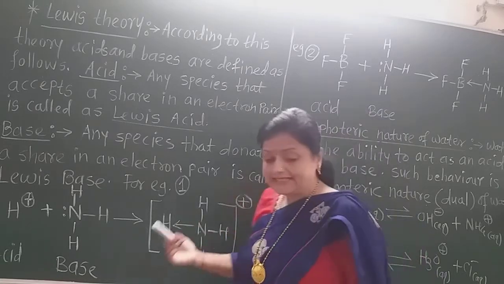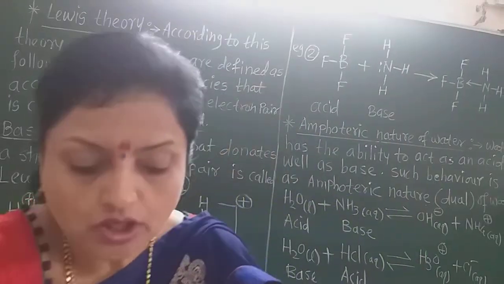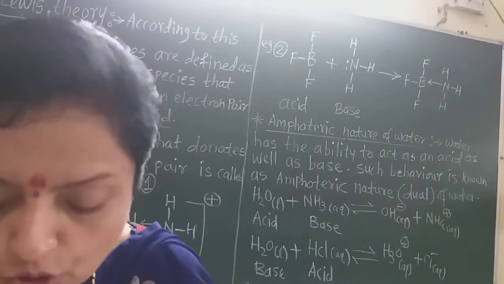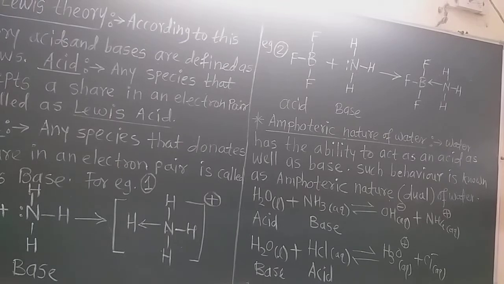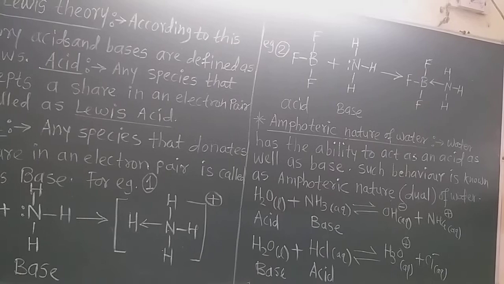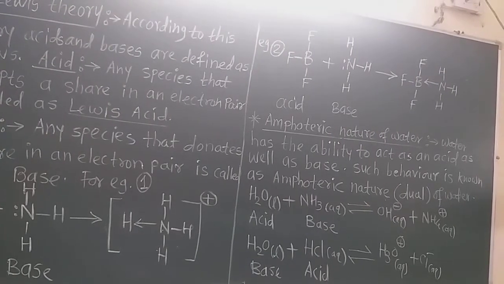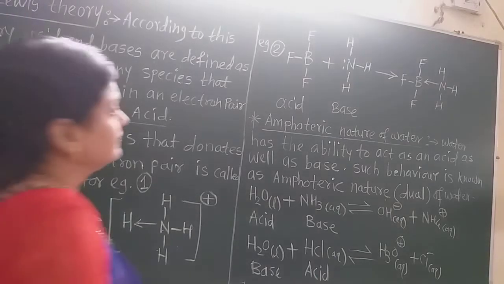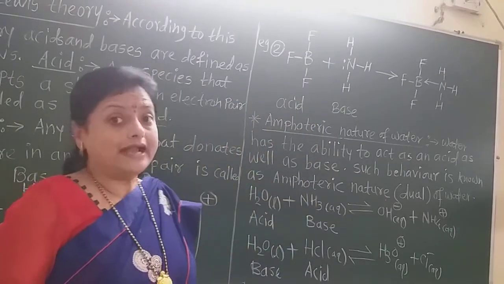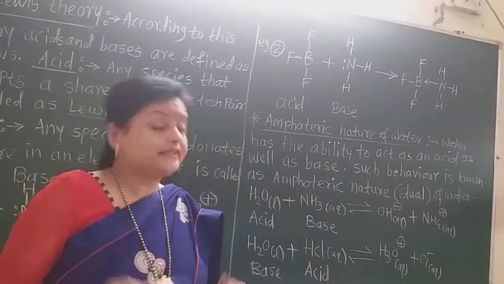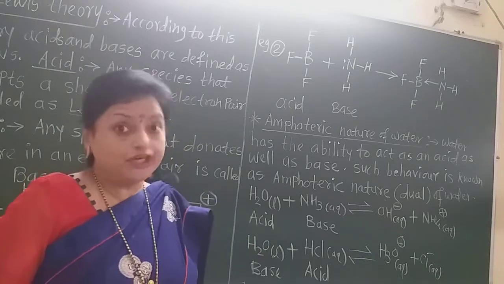Now another example, here also there are two species, out of which one is an electron deficient species and acts as the acid. We know that in BF3, boron trifluoride, the central atom boron has only 6 electrons around it, and due to that it is always an electron deficient molecule.